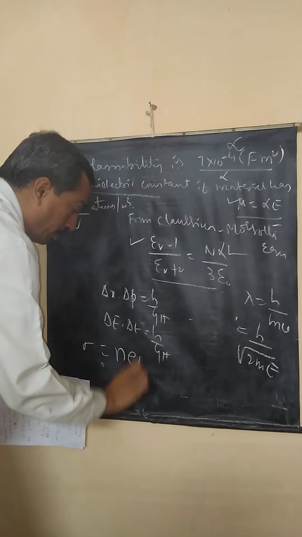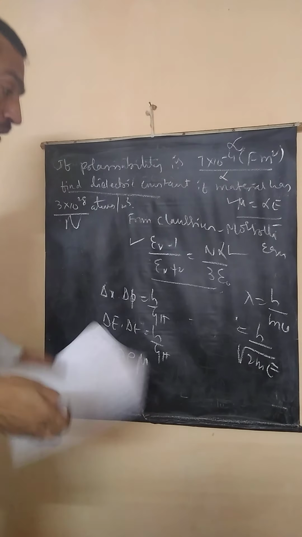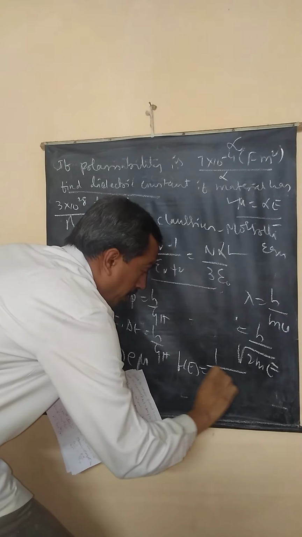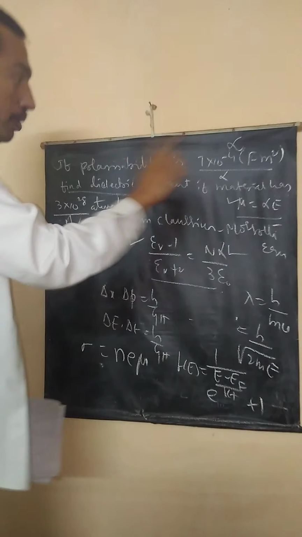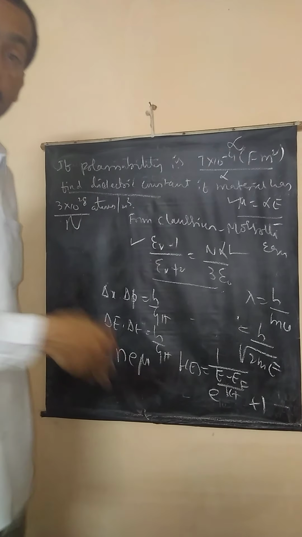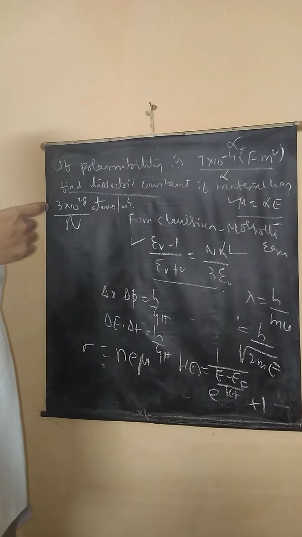Sigma is equal to n e mu. Correct? You get a problem on probability of occupation. F of E is equal to 1 by e power E minus Ef by kT plus 1. So read the problem. If you are able to understand what it is about, write the formula you remember about those parameters. You get 1 mark for the formula.